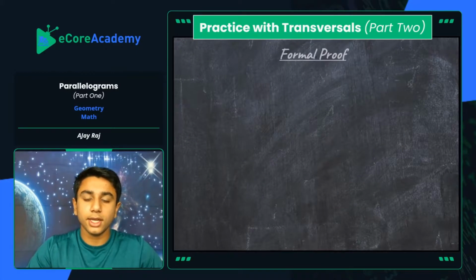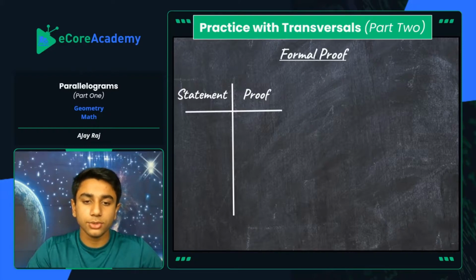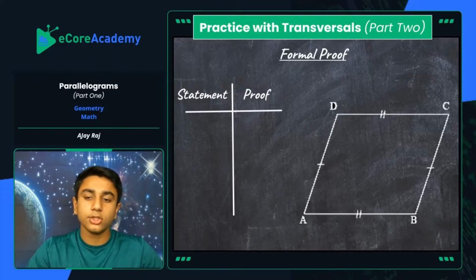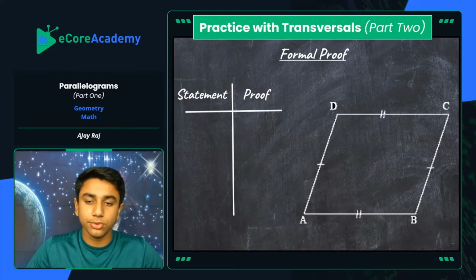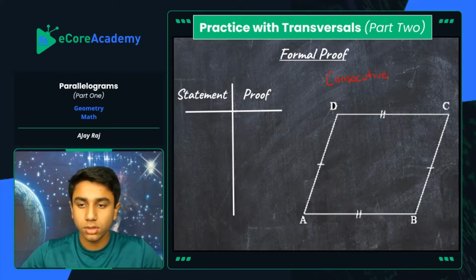All right, to our last slide. Let's take that proof and make a formal proof and make a T-chart as I've shown here with our 2-column chart with our statements and proofs. So we know that we're just going to take that same example with those lines here. And what we're trying to prove is that all consecutive angles are supplementary.